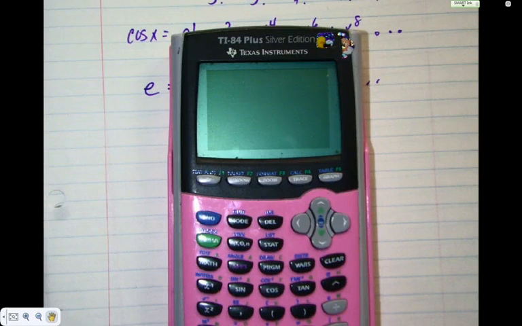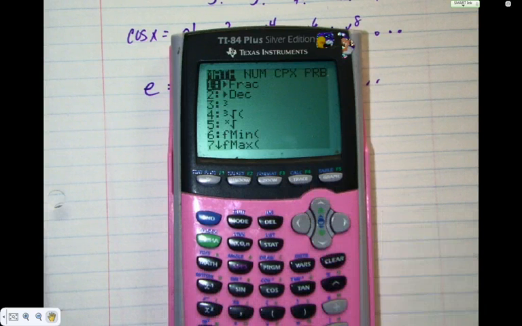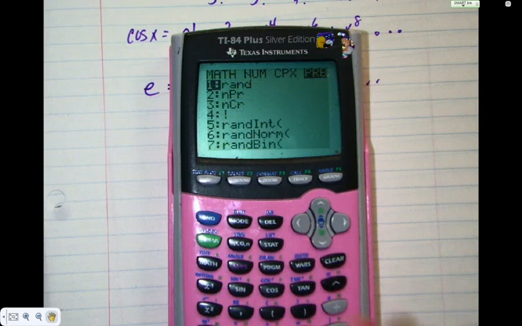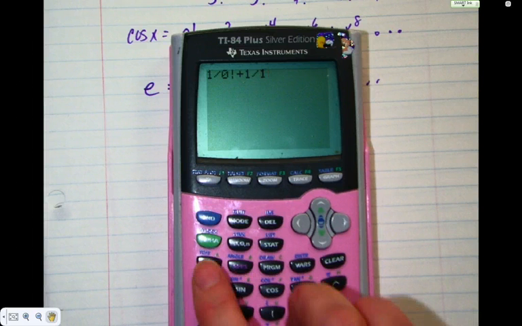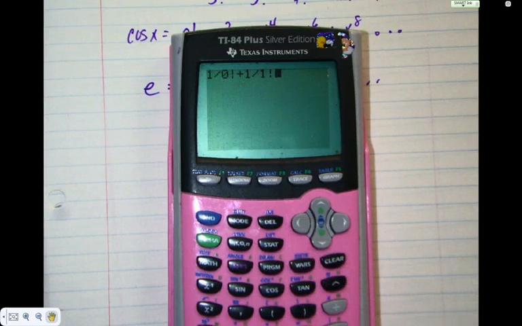Well, let's just try that in a calculator and see what's going to happen. So let's do 1 over 0 factorial. How do I get 0 factorial? Math, left, 4. Okay, and then I want to add 1 over 1 factorial. So 1, math, left, 4.